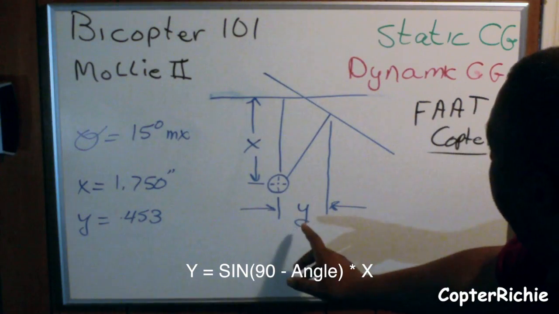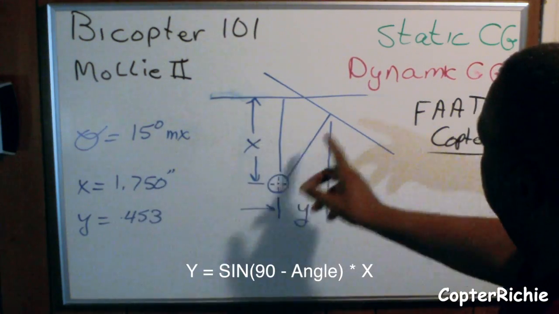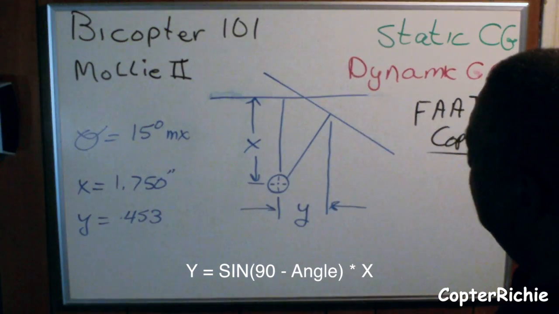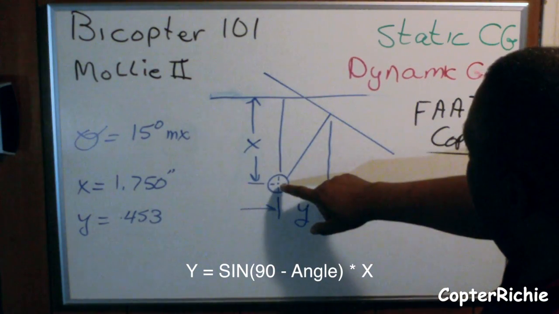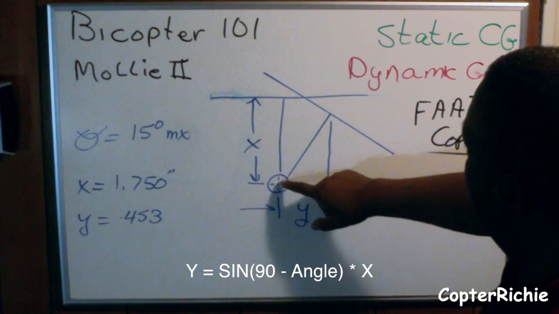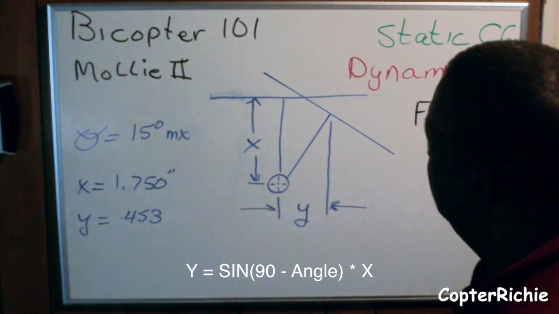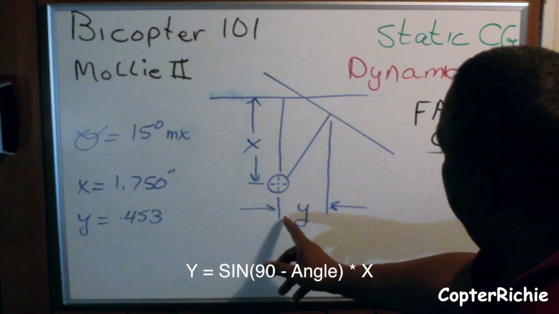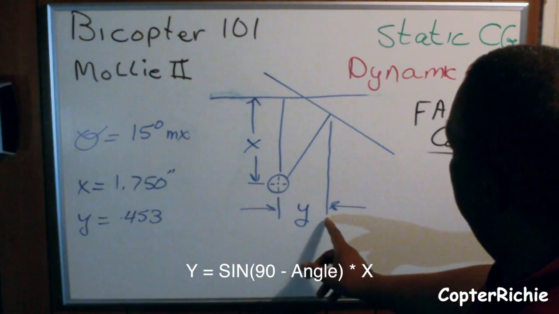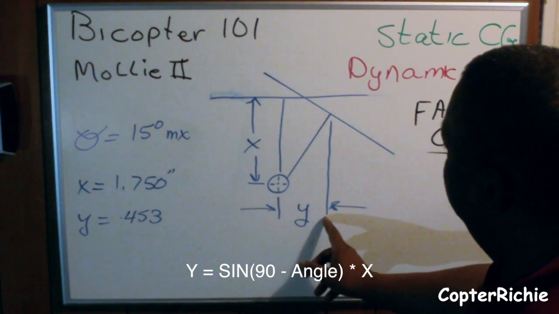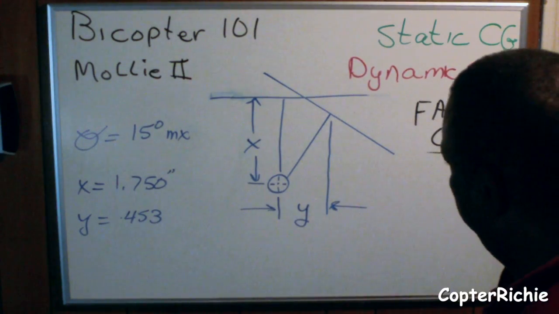And this is calculated by, okay, I used a maximum of 15 degrees forward tilt, which this distance, the motor distance from the point of rotation to the base of the prop, is 1.75 inches. So that means that at a maximum of 15 degrees, the line of thrust will be offset by 0.453, almost a half inch.